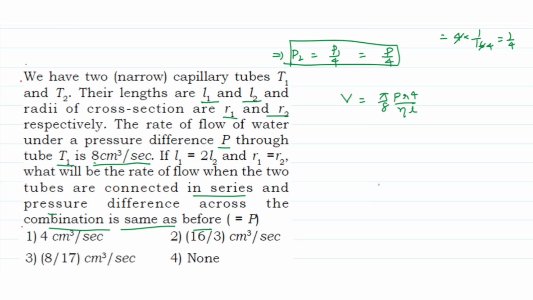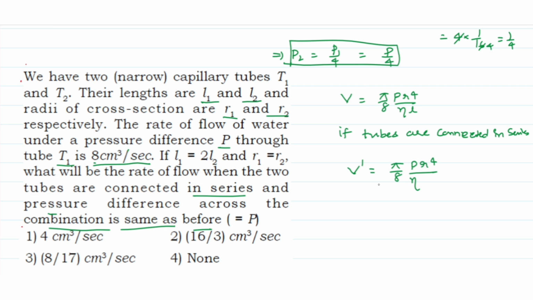Now, if the tubes are connected in series, then the new volume of the liquid flow is equal to pi by 8 into P r power 4 by eta into length. How much does it become?